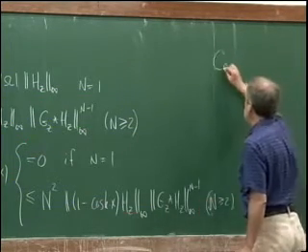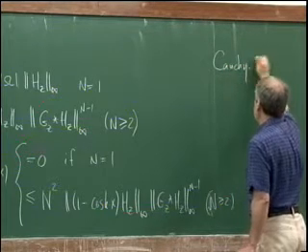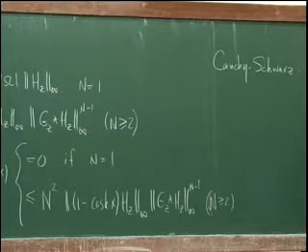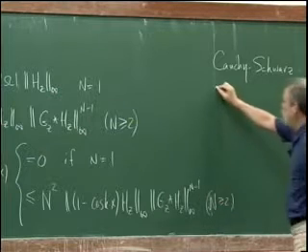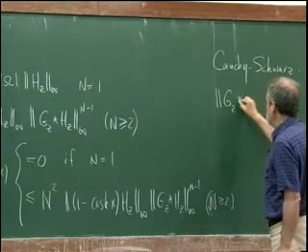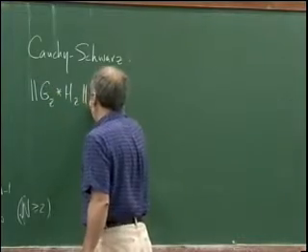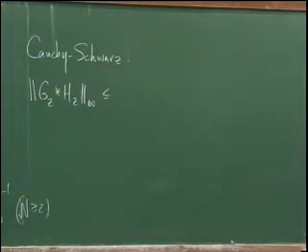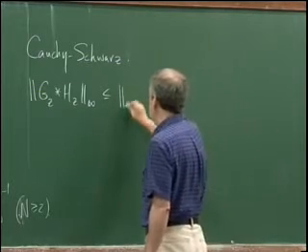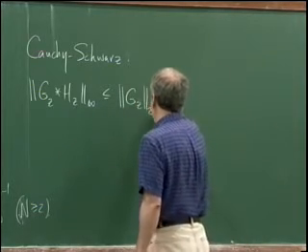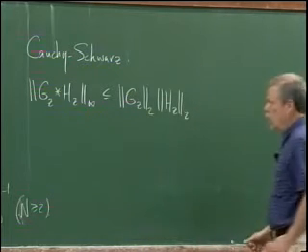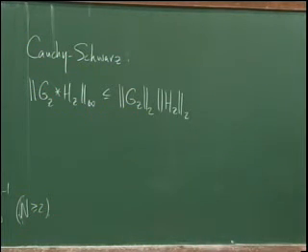In fact, if you use the Schwarz inequality, then what you find is that the L infinity norm of a convolution is bounded above by the product of the L2 norms of the factors that are being convolved.